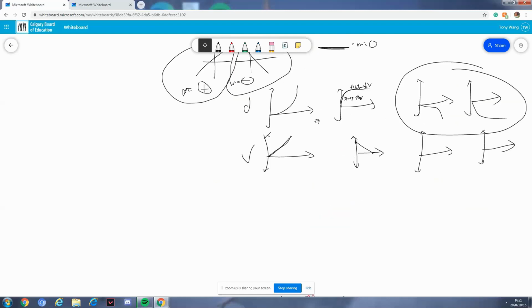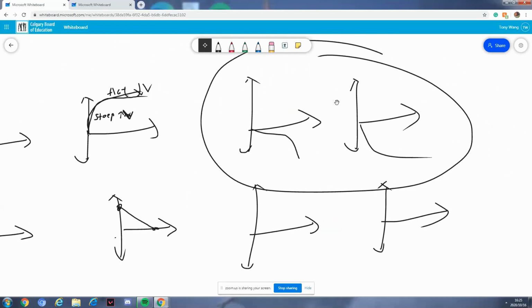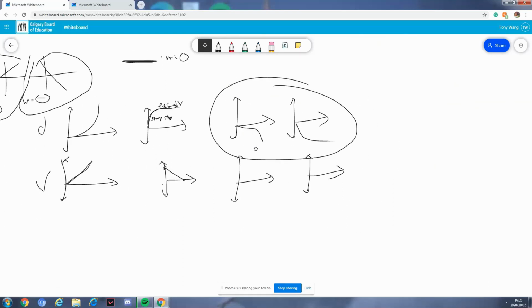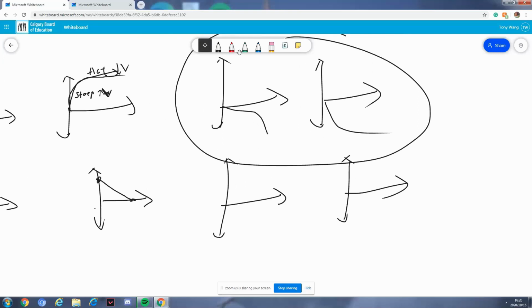So let's go over here and check these out, based on the rules that I just said. Here, I'll deduce this one for you and you try the next one. For this one, it gets steeper, so you know it's steep. You know it's negative.